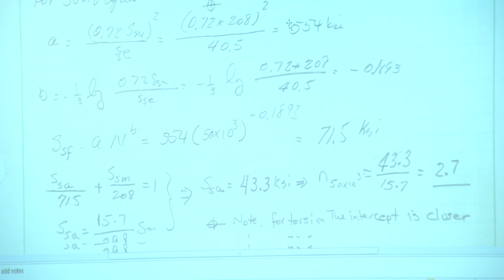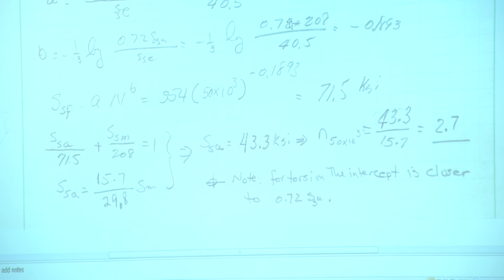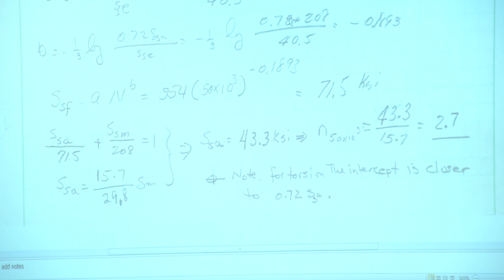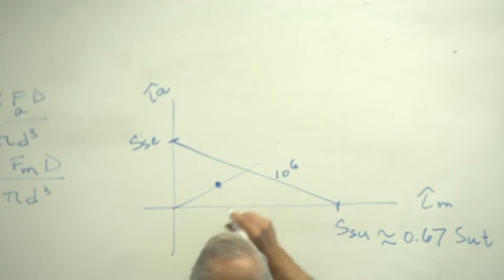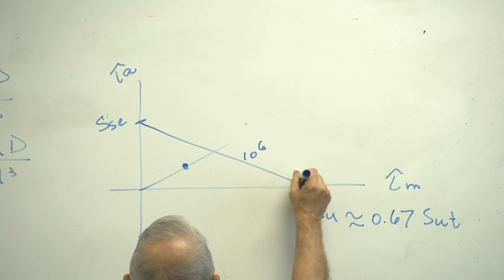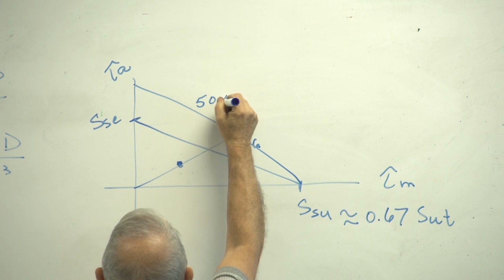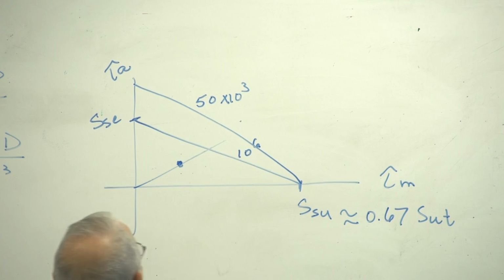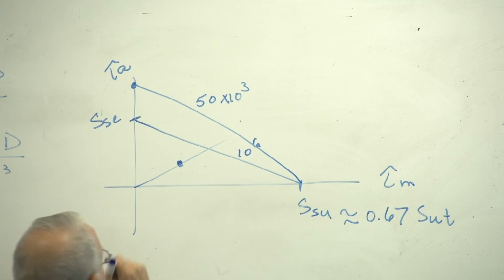But for 50 times 10 to the 3 cycles, which is what they also ask for, you now need a different line. This would be your Goodman line, 10 to the 6. Now you need a different line here. You need that line. So you have to find that value.